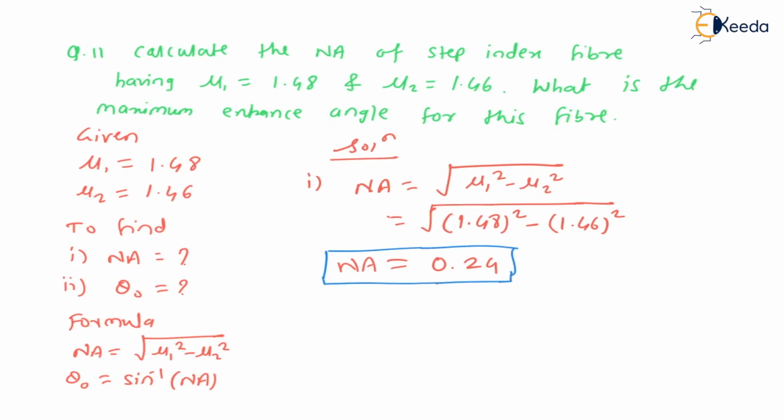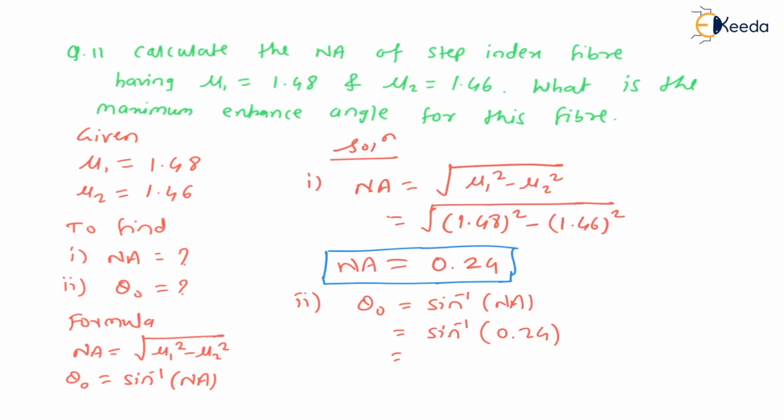Now we have to find the value of the acceptance angle. So here the formula is theta naught equals sine inverse of Na, the numerical aperture. Here we will substitute the value 0.24.